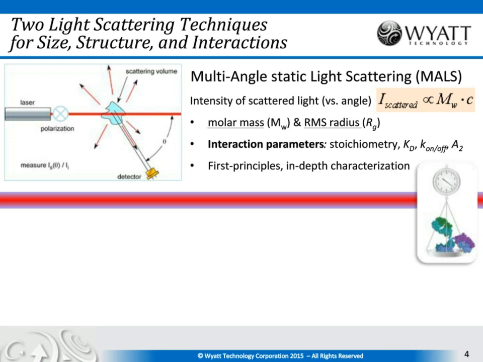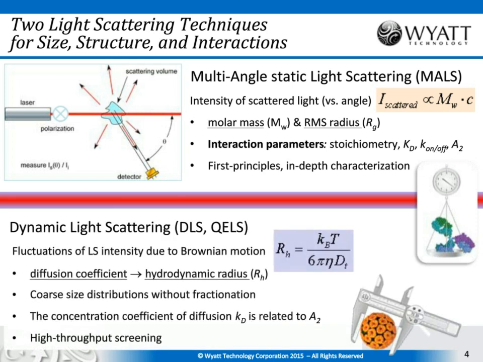Now there's another type of light scattering, another flavor as I like to call it, which is dynamic light scattering, also known as quasi-elastic light scattering. And in DLS, instead of simply measuring the scattered intensity as a function of angle, we're going to measure it as a function of time. And it turns out that there are fluctuations over a rapid time scale of the light scattering intensity, and those fluctuations are due to Brownian motion of the particles.